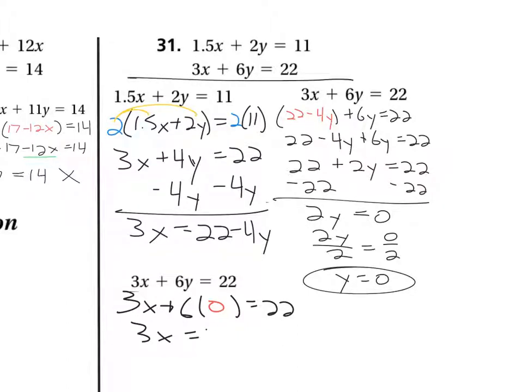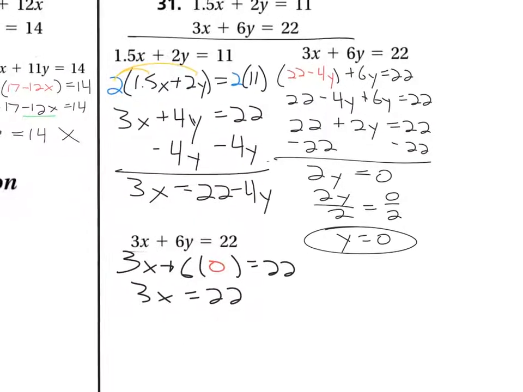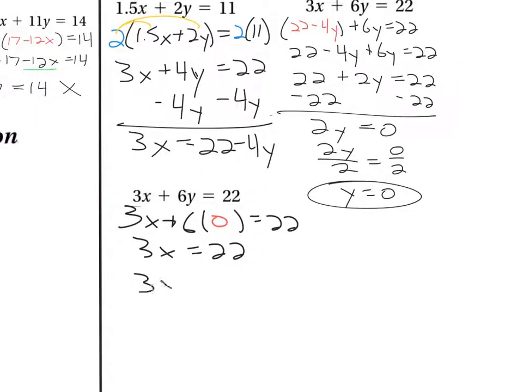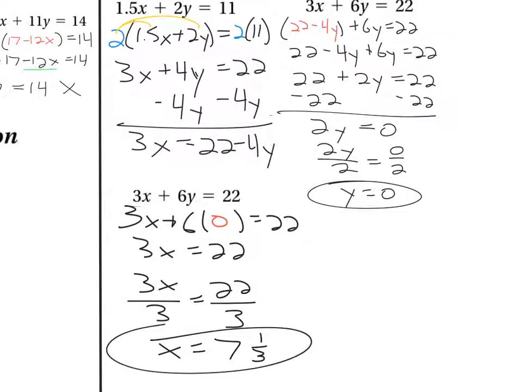And that means that 3x equals 22. And dividing by 3, we get x is equal to 7 and 1/3. So we have a set of coordinates that is 7 and 1/3, comma, 0.